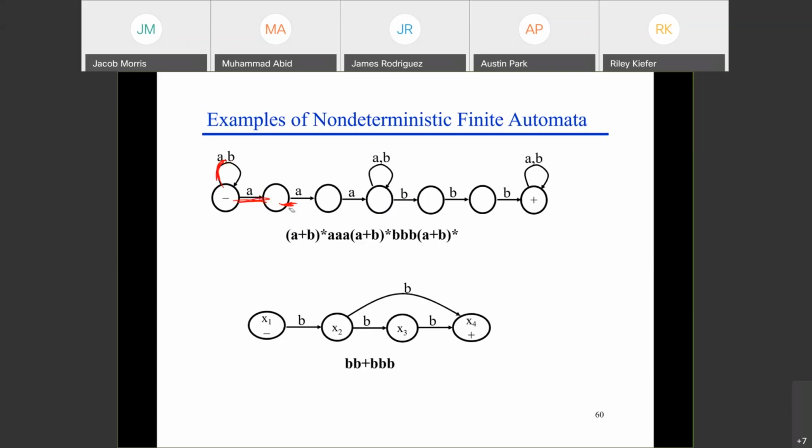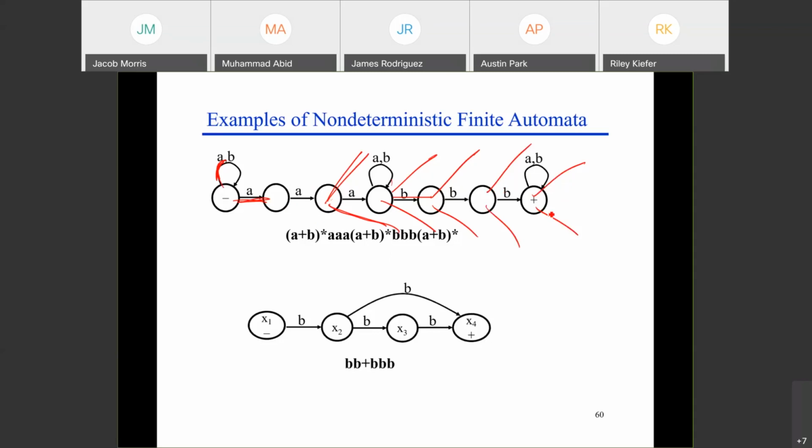This is not the case with FA. In FA, whenever you are at one state, if you have A or B, there is always one path, either go here for A or B goes here. You will never see more than two outgoing edges from one state. You will always see distinct two outgoing edges, one is A, and the second is B.